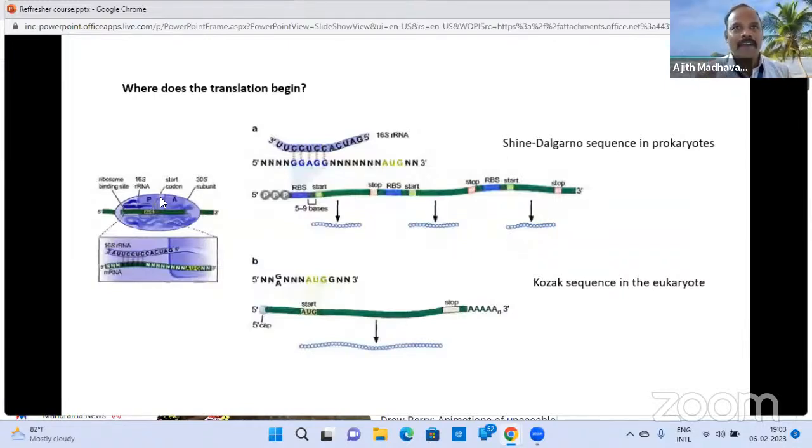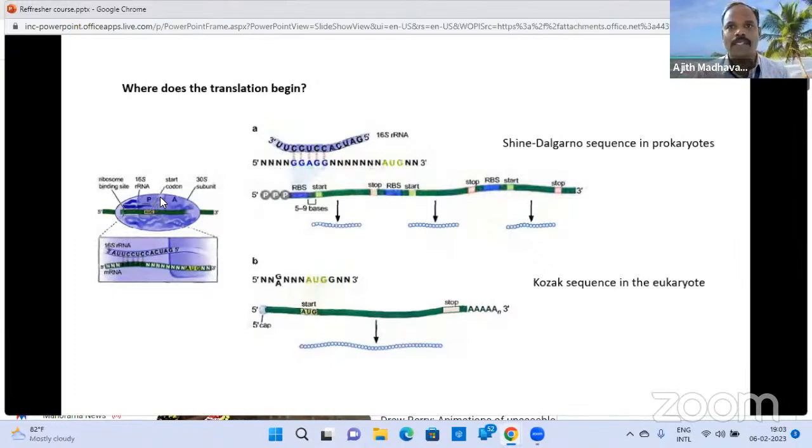In the case of transcription, the question was, where does transcription start? We have clearly answered it is at the promoter. Now listen very carefully. Where does the translation start? It starts at the start codon. But how does it recognize the start codon? That is an important question to ask. All the nucleotides look similar.